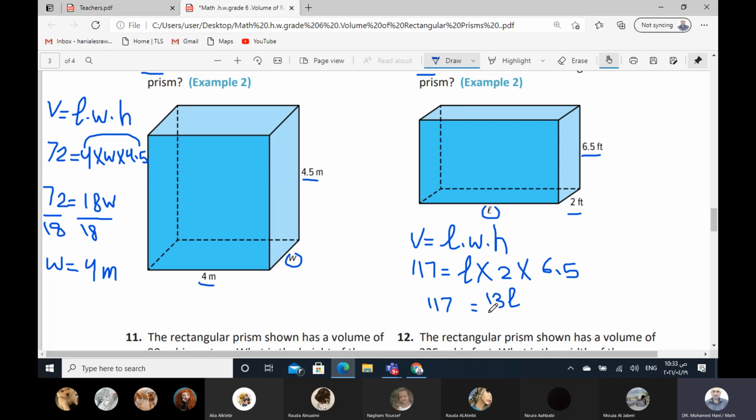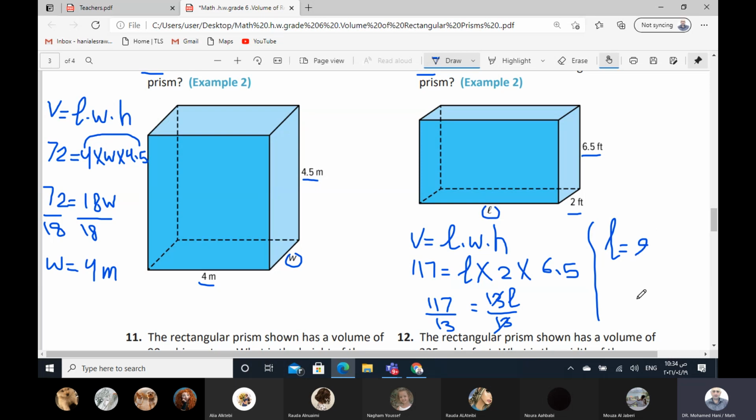Take the coefficient 13, divide the two sides by the coefficient. 13 divided by 13 remains the length L, and 117 divided by 13, the answer will be 9.